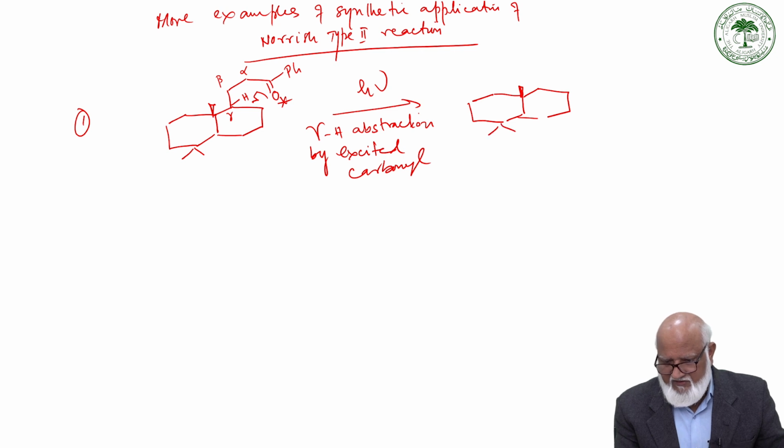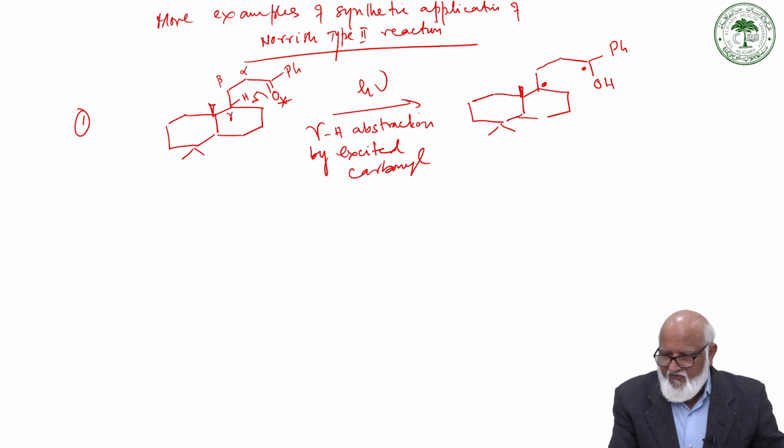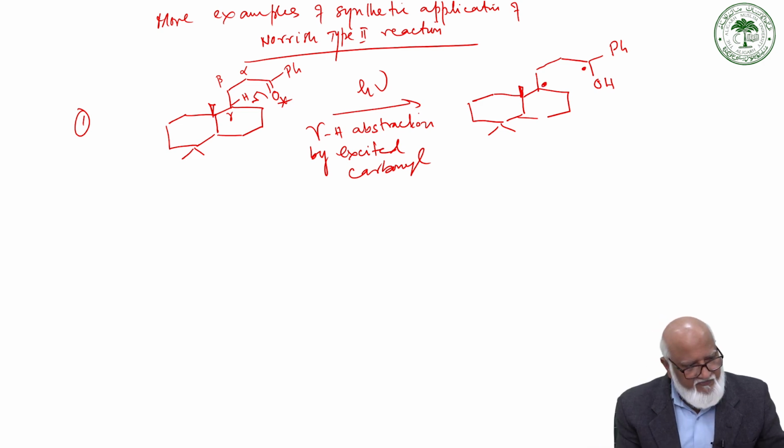There are 2 methyl groups at this carbon. This is one carbon, this is another carbon. This is a 1,4 diradical species.